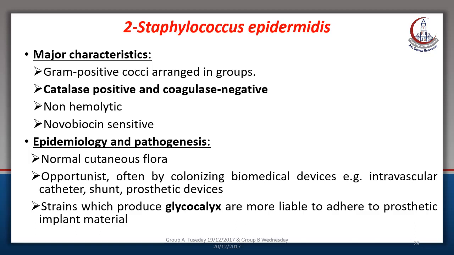Second, enzymes like the coagulase enzyme, which is a free coagulase, and beta-lactamase enzyme, which is penicillinase. Also, toxins like alpha toxin, which is a hemolytic exotoxin, and Panton-Valentine leukocidin.